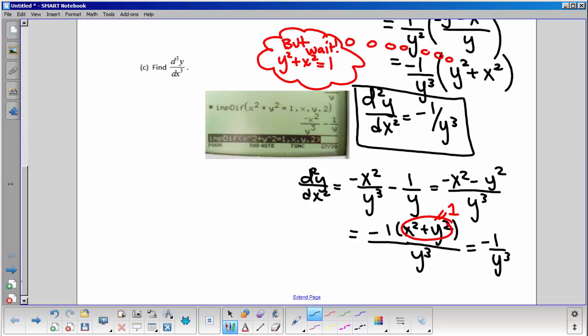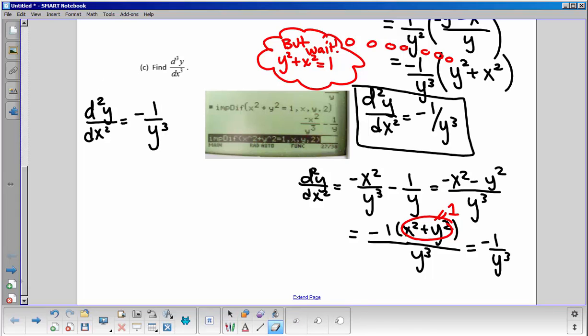Okay? So let's find the third derivative now. Third derivative. We take the derivative of the second derivative. Now, what is the second derivative? Let's refresh our memory here. The second derivative d squared y over dx squared is equal to negative 1 over y cubed, right?